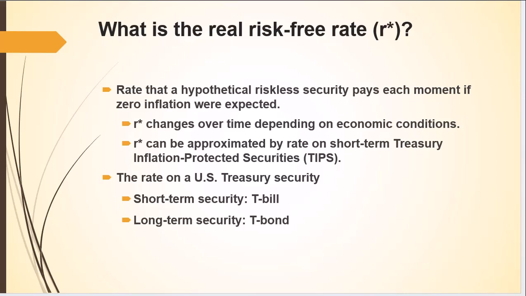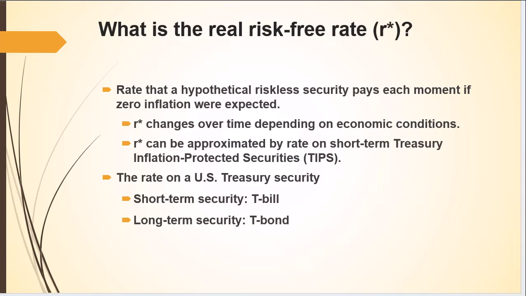So what is the real risk-free rate of return? It really is a hypothetical riskless security that pays each moment if zero inflation were expected. It's created by the supply and demand of money. It can be approximated by the rate on short-term Treasury inflation protected securities, or TIPS.